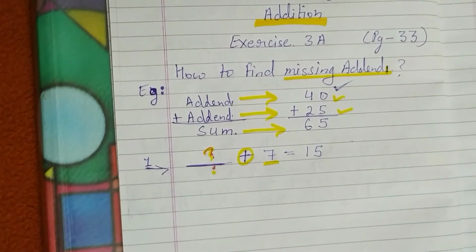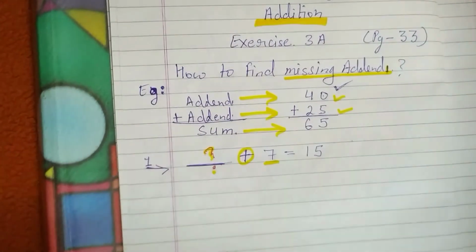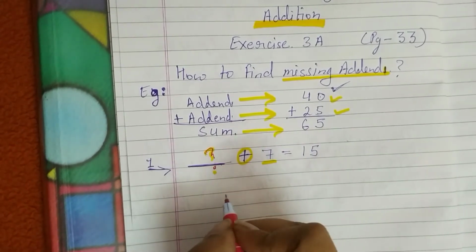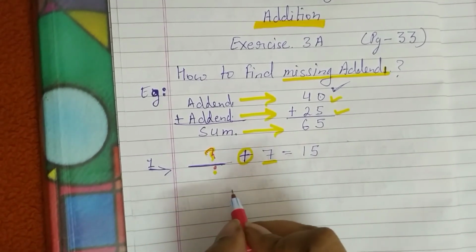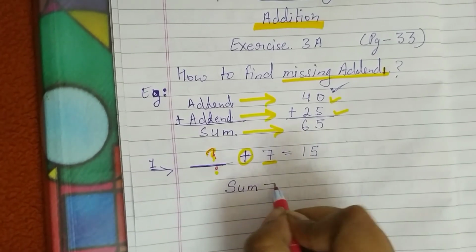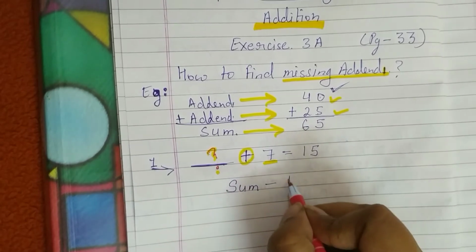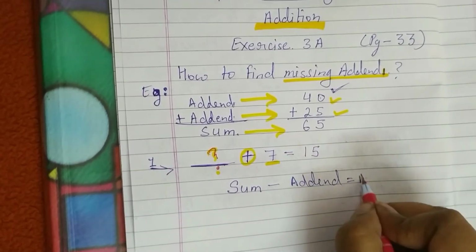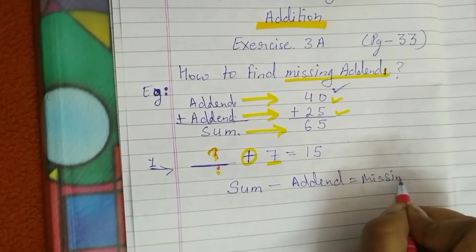For that, children, you have to remember that whenever we find a missing addend, we simply subtract the given addend from the sum. That means the formula will be sum minus given addend is equal to the missing addend.